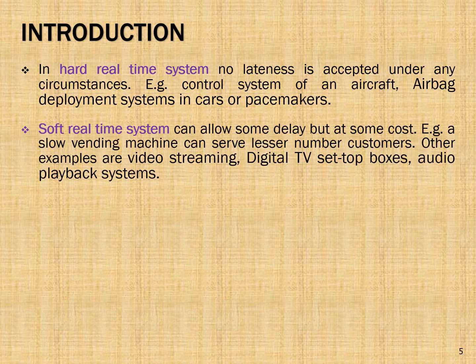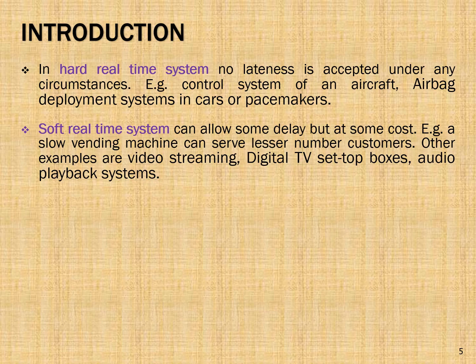On the other hand, in a soft real-time system, they can allow some delay, but at some cost, obviously. For example, a slow vending machine can serve a lesser number of customers. If the inputs are given and it takes a certain time and there is a delay incurred, the number of customers served within that period may be lesser.